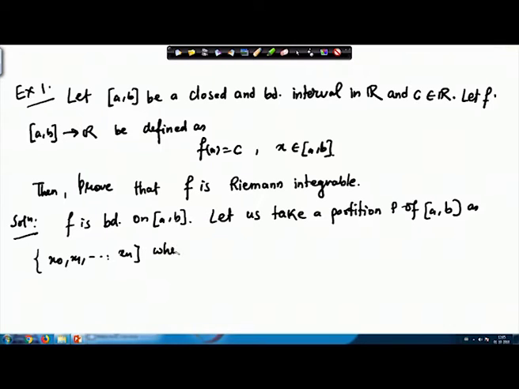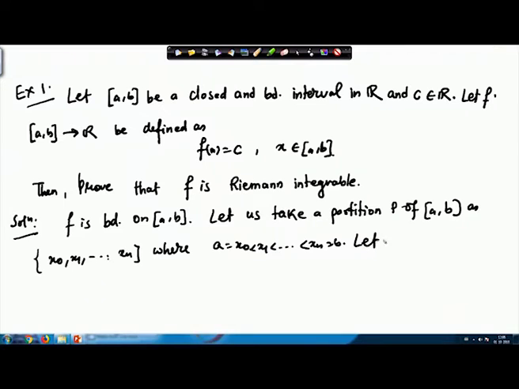where a = x0 < x1 < ... < xn = b, and obviously the subintervals would be [x0, x1], [x1, x2], and so on up to [xn-1, xn].